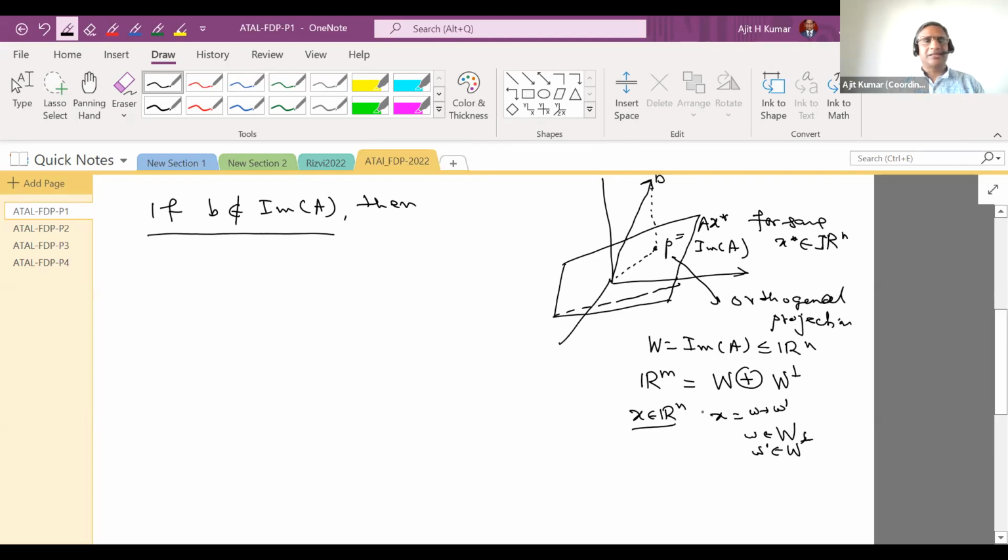Okay, so that's the thing. And you must have also seen how to find this W and W dash explicitly. I'm not going to go into those things, but one can very easily do it. The way to do it is you generate an orthonormal basis of W, extend it to an orthonormal basis of Rm, and that's it. That's the basic idea.